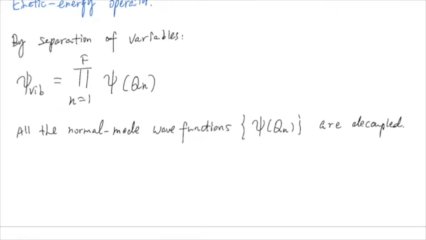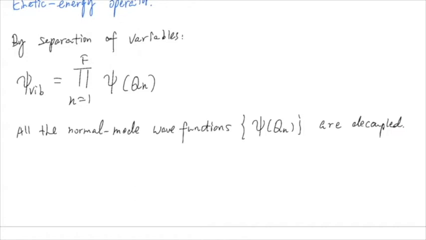This is actually what you can do under the harmonic oscillator approximation. If you consider higher order terms in the expansion of the potential, then you cannot do the separation of variables, because you will have cross terms in these higher order terms, and you cannot separate them. That means when you consider the so-called anharmonicity, you must consider the interaction between normal modes.